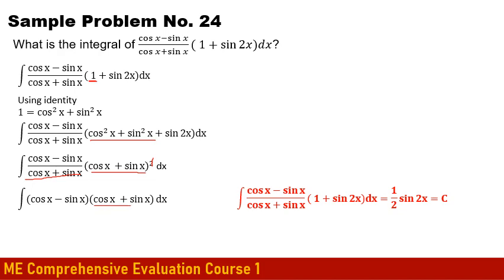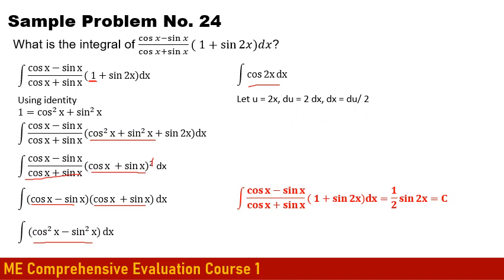So that's why we have this multiplied by the cosine x minus sine x. Multiplying the two, we will have cosine squared x minus sine squared x dx. And this is equal to cosine 2x dx.